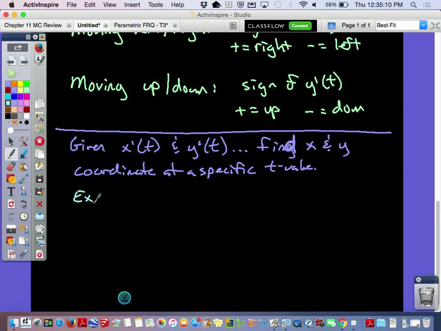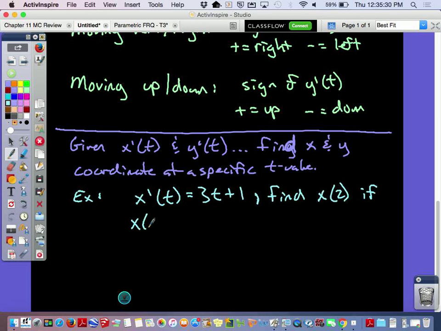Let's say, for example's sake, that you are given that x prime of t is equal to 3t plus 1. And the question might say, find x of 2 if x of 0 is equal to negative 1.